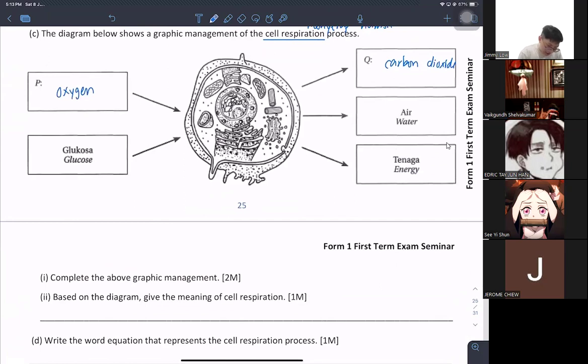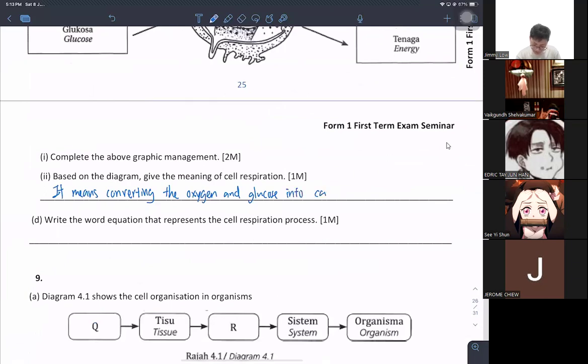Cell respiration is the process of converting the oxygen and glucose into carbon dioxide, water, and energy. That's all.